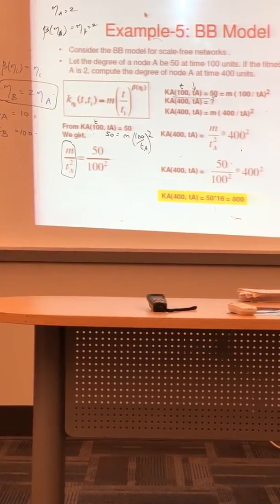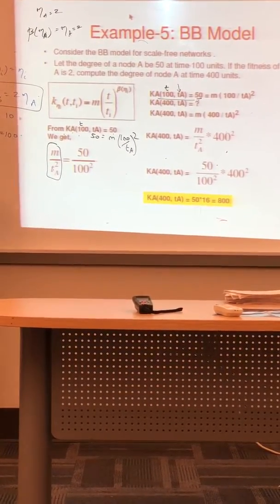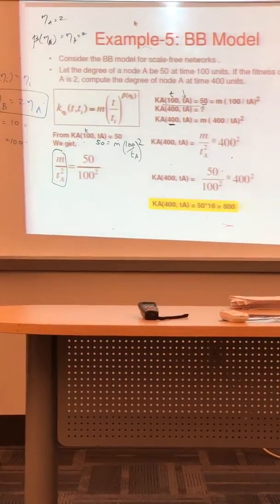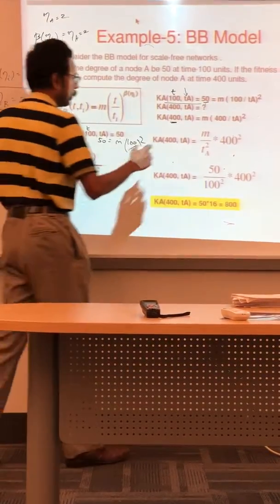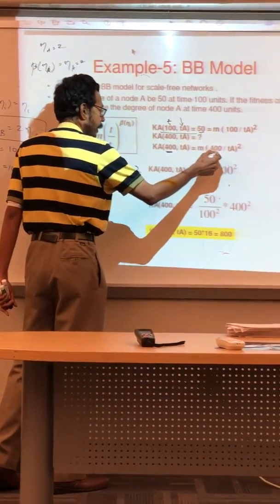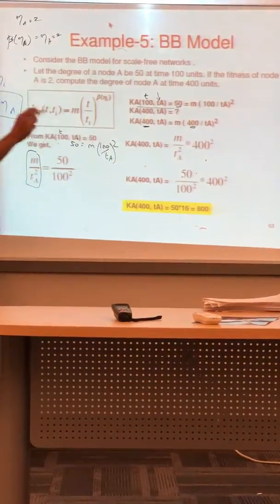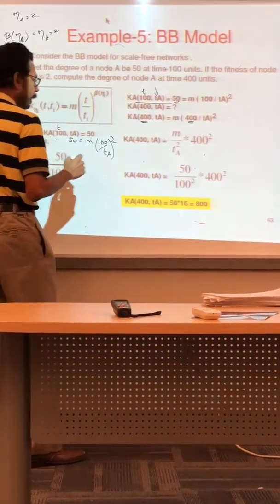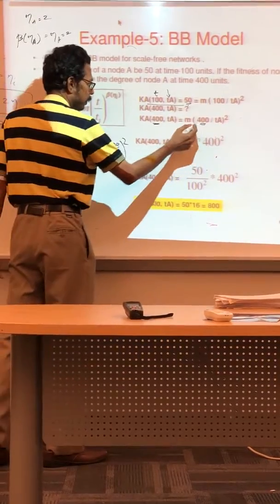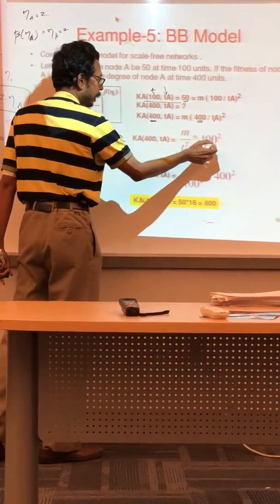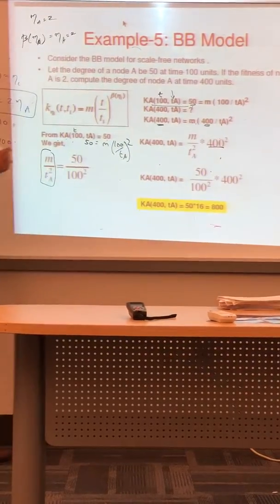What we want to find is K, the degree at time 400. According to the formula, that's going to be m times 400 divided by Ta square. If you just simplify this, this is m over Ta square multiplied by 400 square.